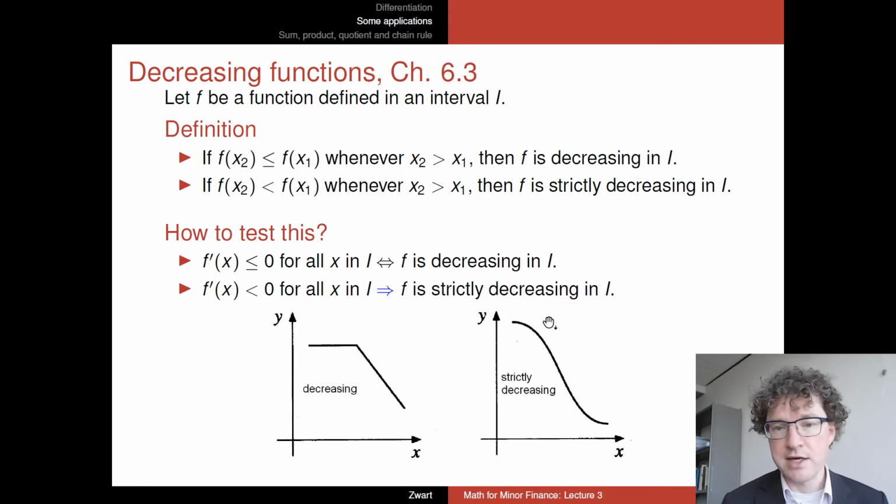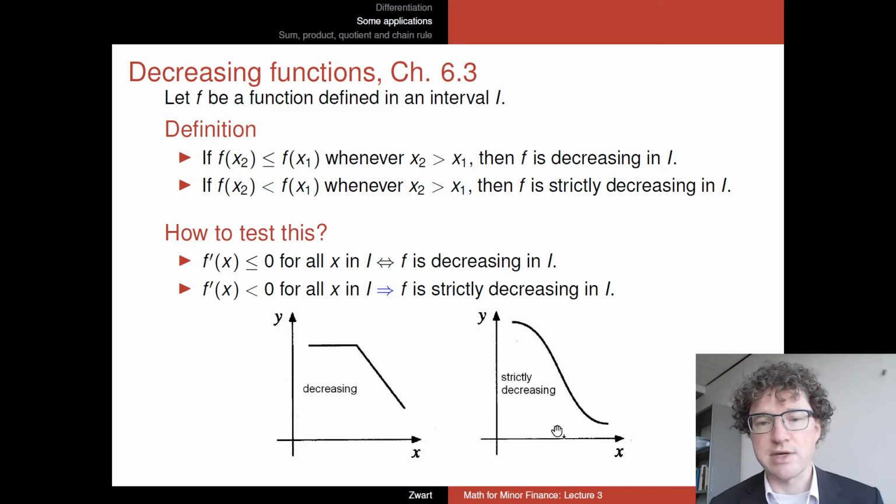Here you see this function might be, in this individual point at the end of the interval, flat as far as we can guess from the picture, because we cannot compute it. And in this individual point, still this function is strictly decreasing.